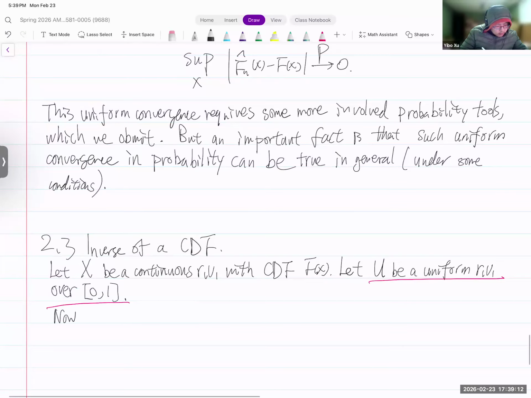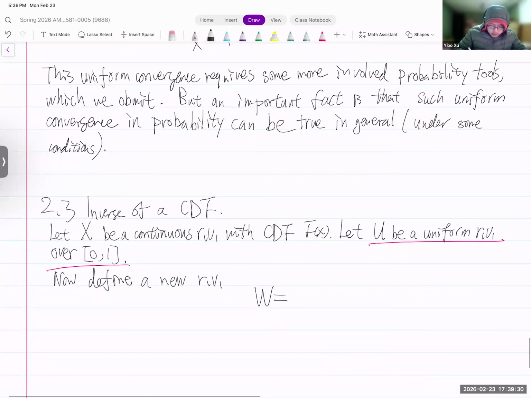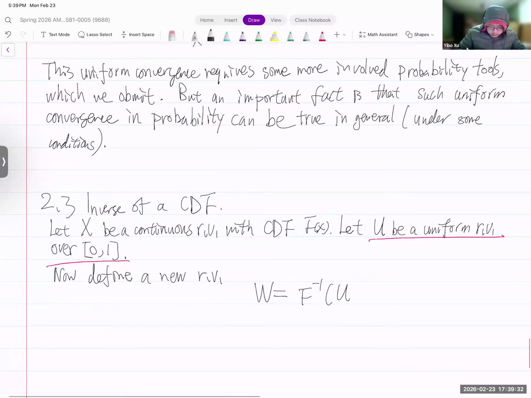Now define a new random variable. Let's denote it as W, which is F inverse of cap U. So we have random variable X with a CDF.